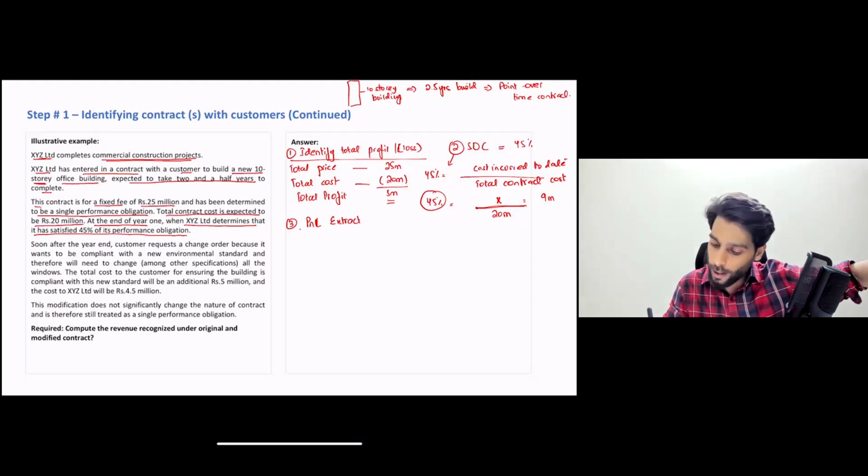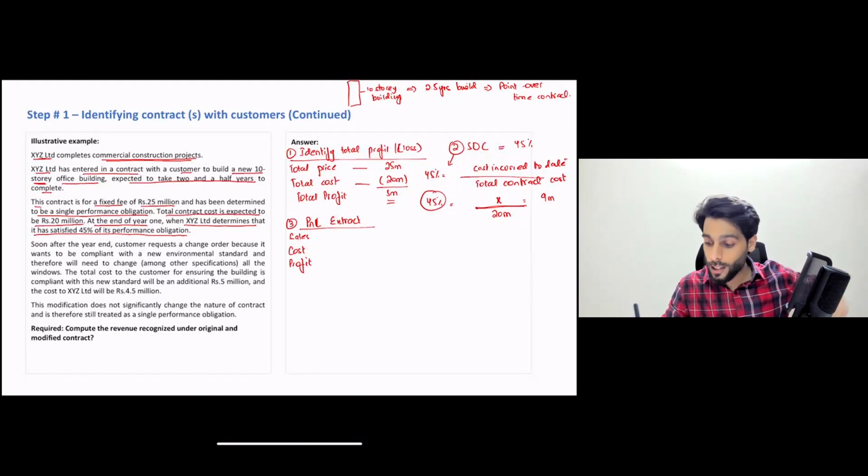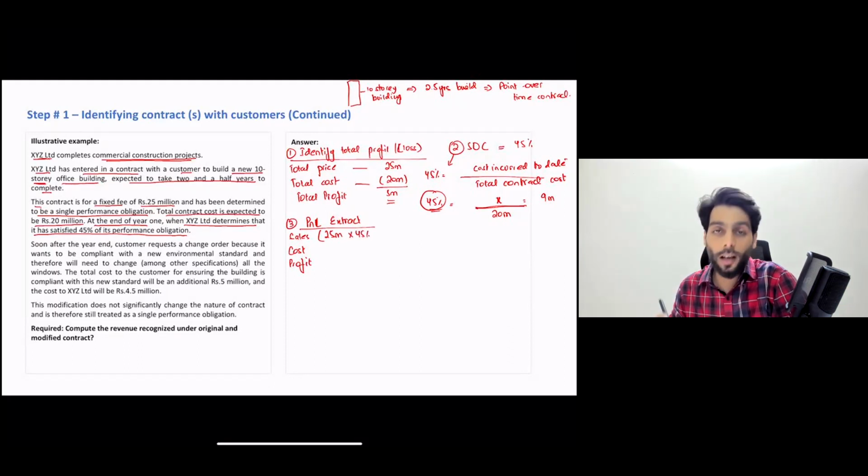How would you prepare a P&L extract? You take sales revenue, you take cost, and there you have your profit. For sales, we have a stage of completion of 45%. Our total contract price is 25 million, and we have satisfied 45% of our performance obligations, so 45% should be the revenue. If we are recognizing 45% of the revenue, then 45% of the cost should also be recognized, which is the matching concept. So 25 into 45% is 11.25 million.